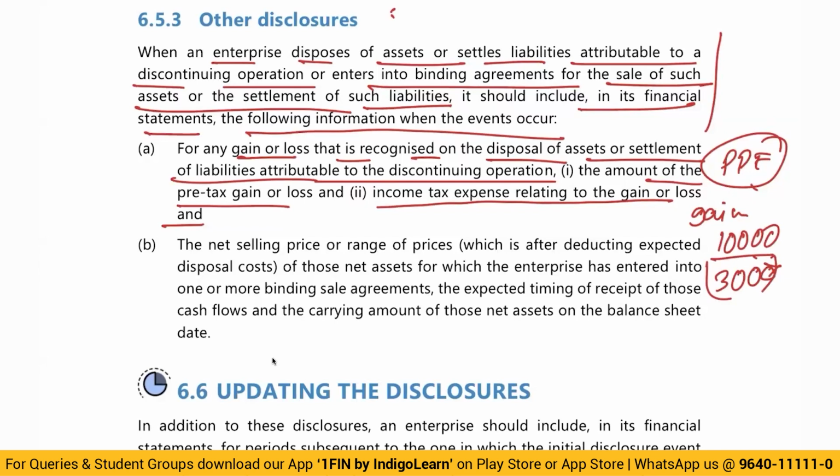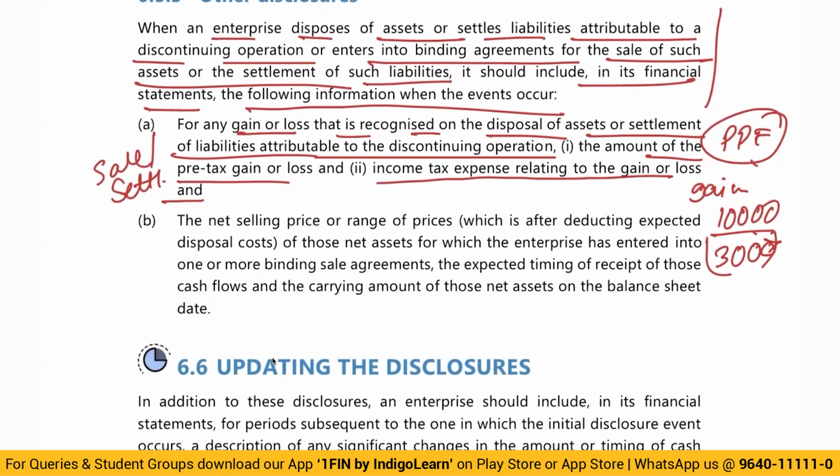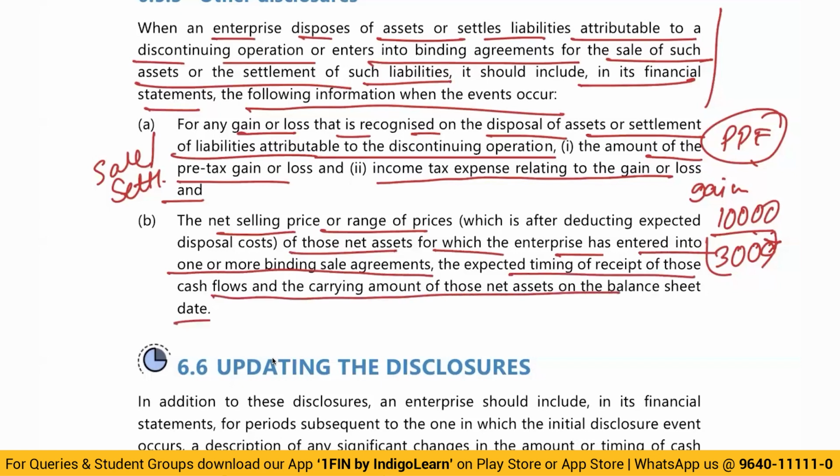Okay, so this is for sale or settlement. Then the net selling price or range of prices of those net assets for which the enterprise has entered into one or more binding sale agreements, what is the timing of receipt, and the carrying amount of those assets in the balance sheet. So here, if you have sold the asset or settled the liability, then disclose the gain and tax expense.